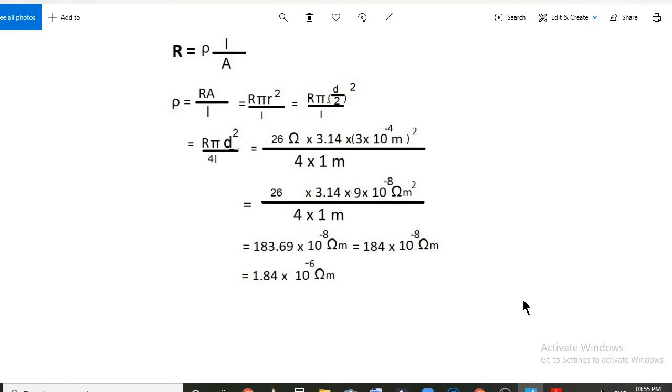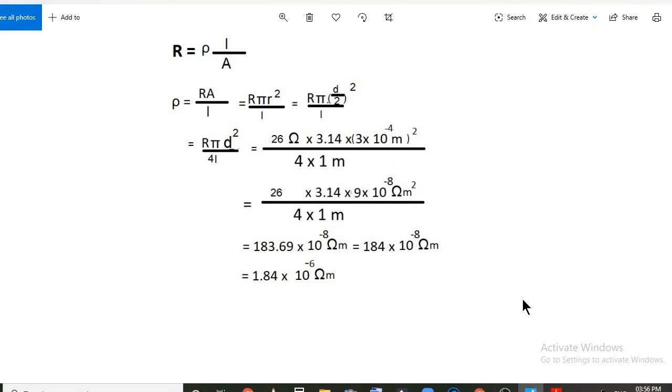But one thing is given, diameter, because if you cut the wire, you will get an area that is known as area of cross section. That area is in the form of a circle. If you cut a wire, you will get a section, and that section is in the form of a circle. Therefore, area of cross section means area of that circle.